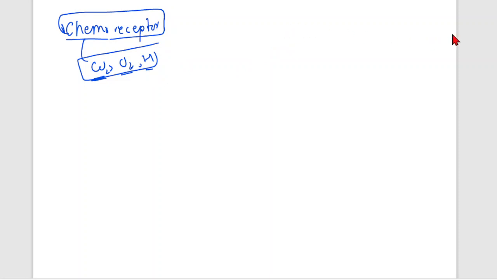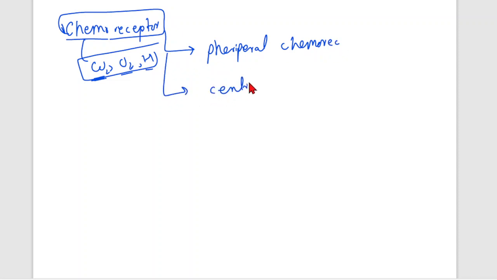Now first of all, there are two receptors present in the body. One is the peripheral chemoreceptor, another is the central chemoreceptor. Peripheral chemoreceptors are present in the aortic wall and the carotid.